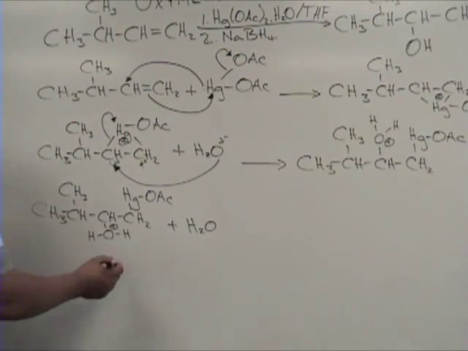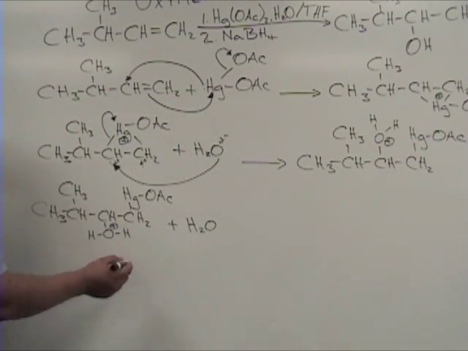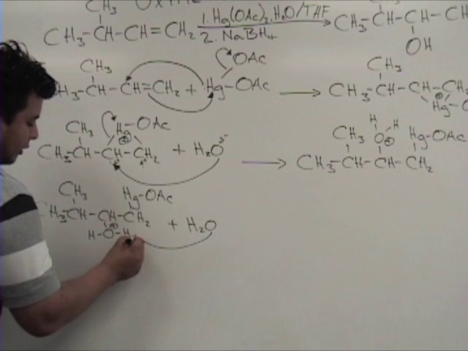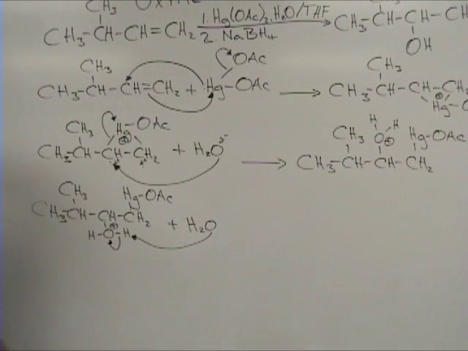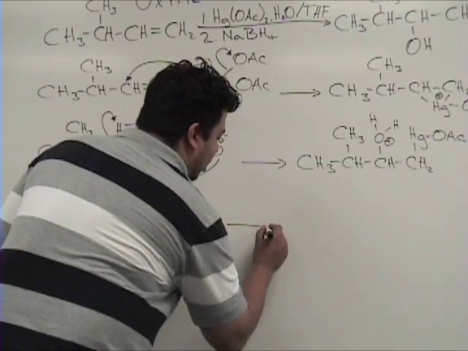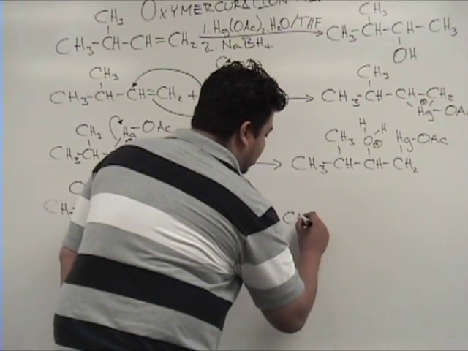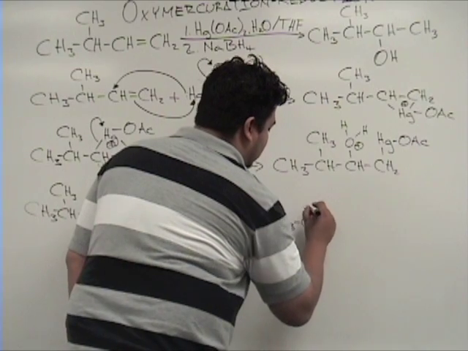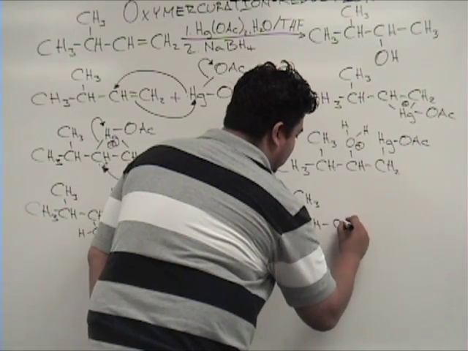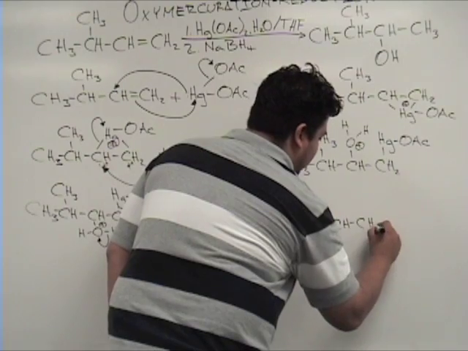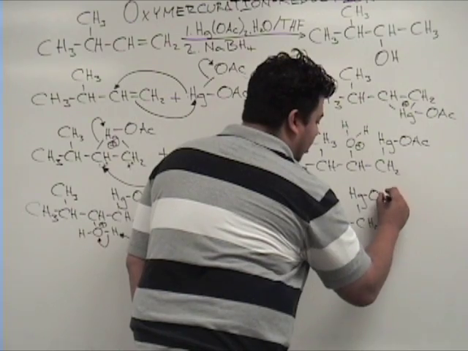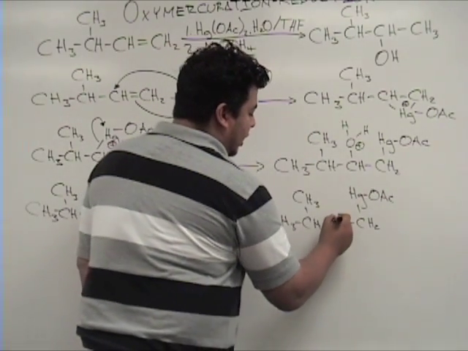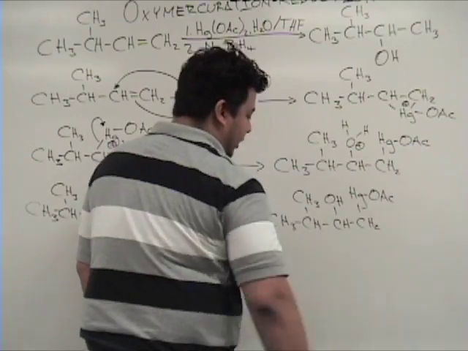So what's going to happen is that this acidic proton, whichever one, is going to be attacked by the oxygen, and then this bond is going to break, is going to go as a lone pair for the oxygen, stabilizing the positive charge, and our product is going to be CH2 here. We know the Hg group has not moved at all, HC, and then we have our hydroxyl group right there.